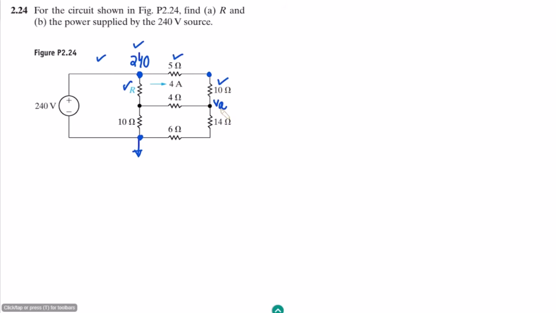In order to find the voltage here, the originally applied voltage is 240 volts. So the remaining voltage here would be 240, which is the supplied one, minus the voltage across this 5 ohm plus the voltage consumed by this 10 ohm.